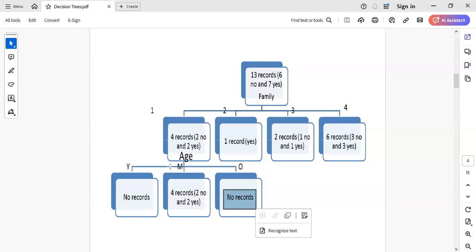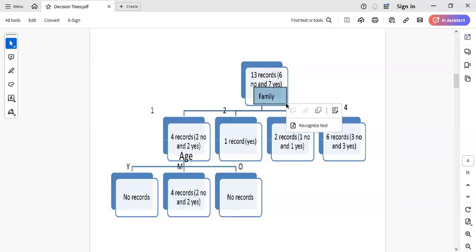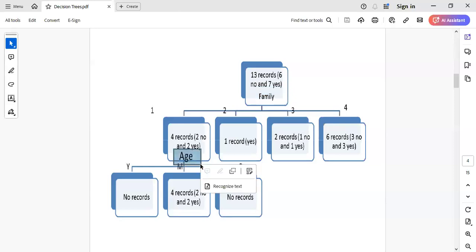Then coming to the middle category, we have seen that we have 4 records. Again they are divided into 2 no and 2 yes. So this is not a leaf, we have to proceed further. From the independent attributes, family and age are utilized, we are left with id, income, and cc average.